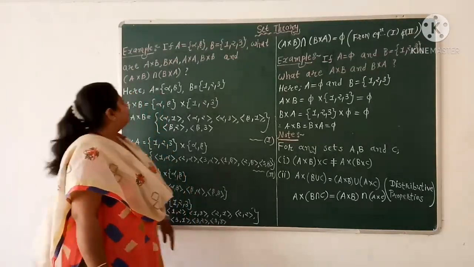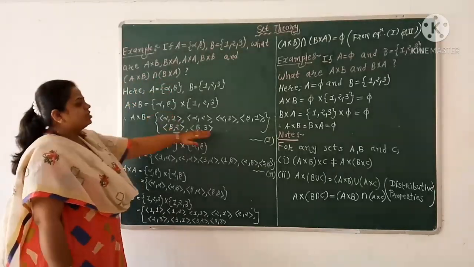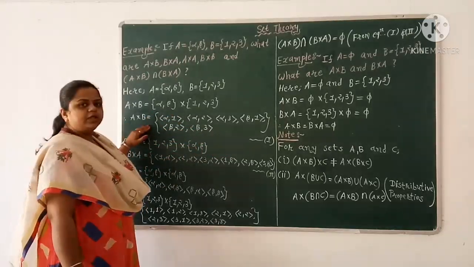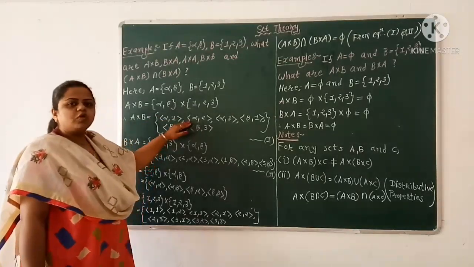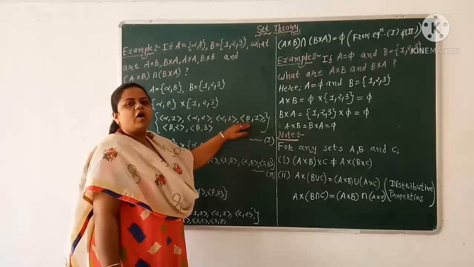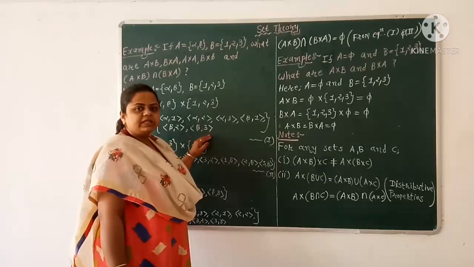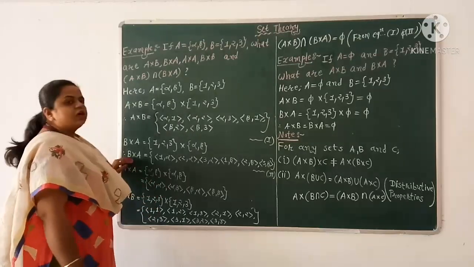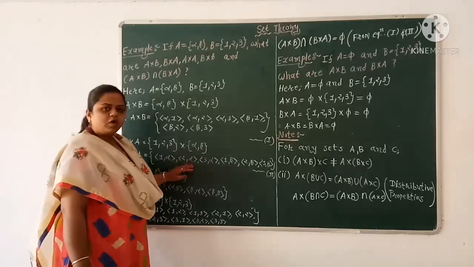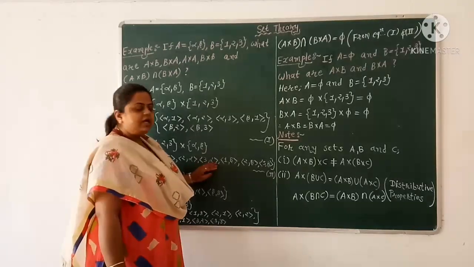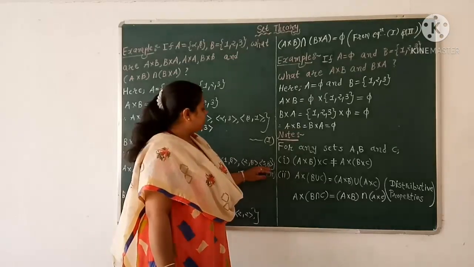Now we have to determine A cross B intersection B cross A. Now from equation 1 we have A cross B equal to the set of ordered pairs (alpha, 1), (alpha, 2), (alpha, 3), (beta, 1), (beta, 2), (beta, 3), and from equation 2, B cross A is equal to the set of ordered pairs (1, alpha), (2, alpha), (3, alpha), (1, beta), (2, beta), (3, beta).